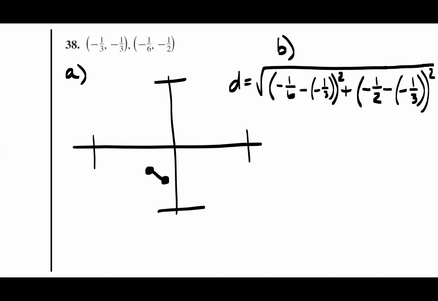But if you square one side, then you square the other. If you multiply by 3 over 3 or 5 over 5, that keeps it the same. But if you square both sides, that does change.